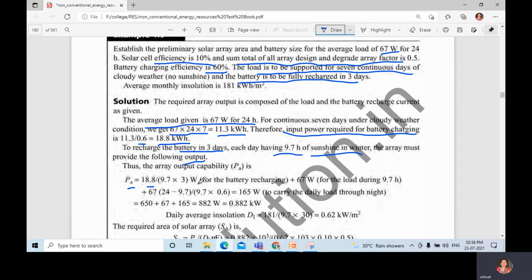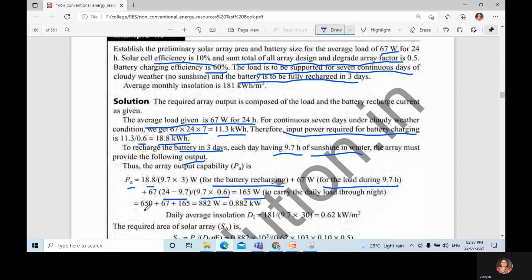If you multiply 9.7 into 3, that is for the battery recharging, and for the load during 9.7 hours: plus 67 into (24 minus 9.7) divided by (9.7 into 0.6), where 0.6 is the battery charging efficiency, that is equal to 165 watt. If you do this, you will get 165.